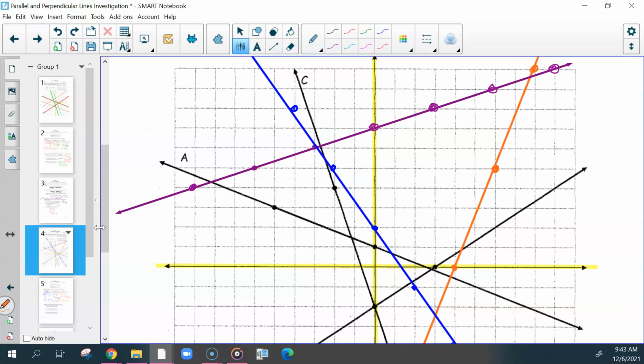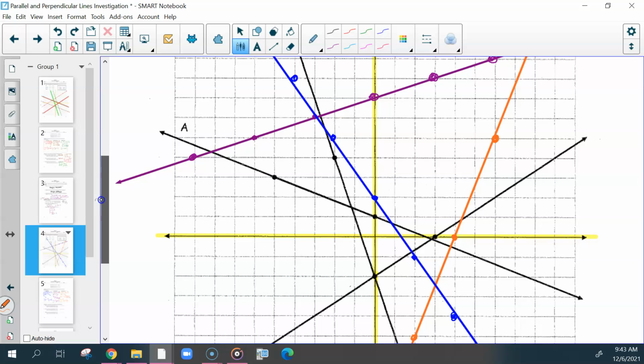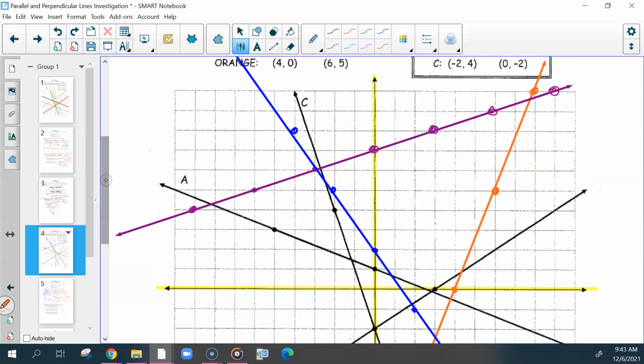They have to cross and make a T. Not an X, but a T. So when you look at it, and you're comparing the colored ones to the black ones, A and this purple line make an X. They don't make a T. Purple doesn't even cross B, so we can ignore that. But as I look at purple and C, they make this perfect T right here. So C and purple would be perpendicular.